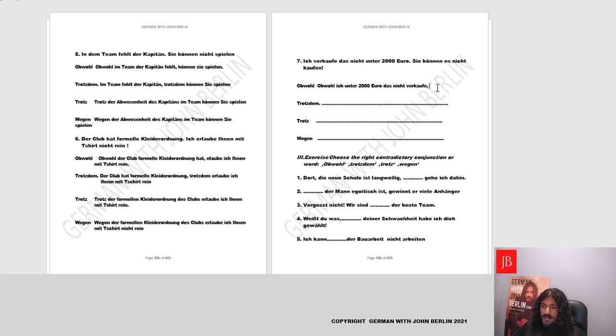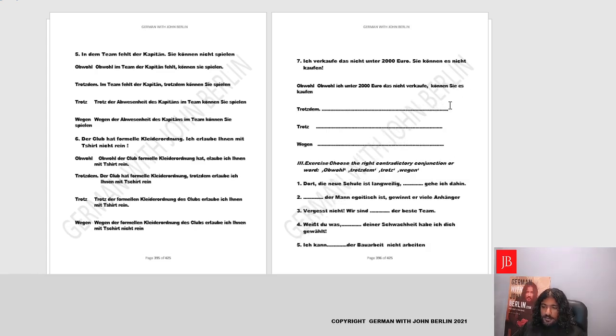So, können Sie es kaufen? Können Sie es kaufen? Fantastic, yes? Okay, let's find out. Okay, now we could do it with trotzdem.